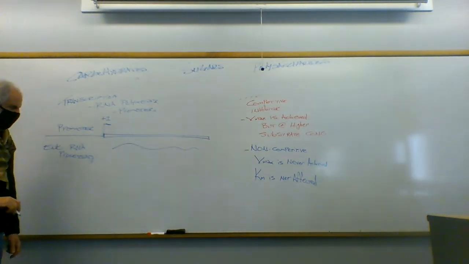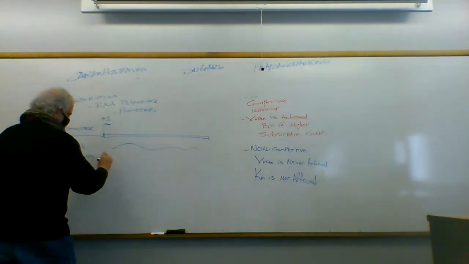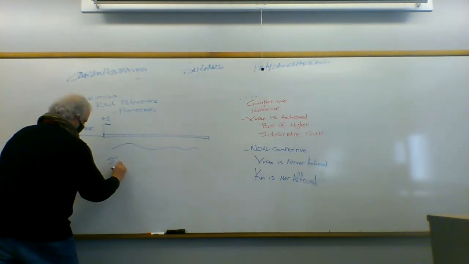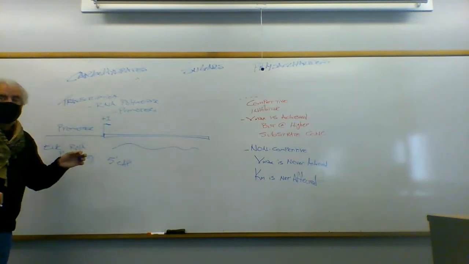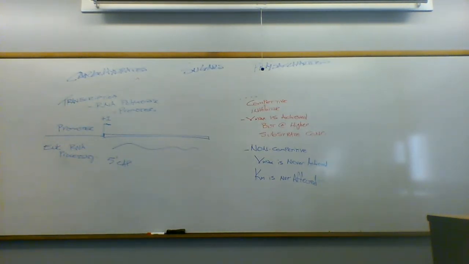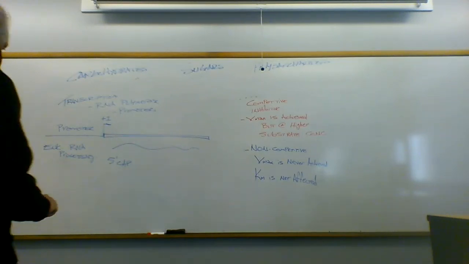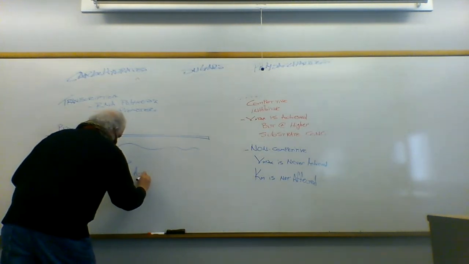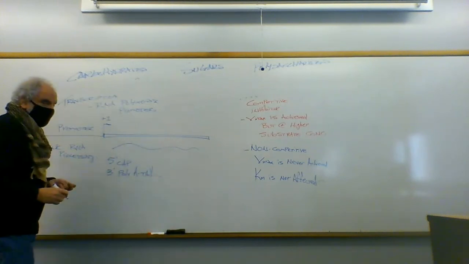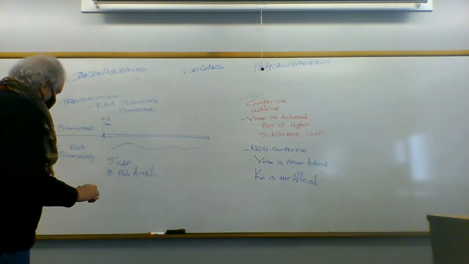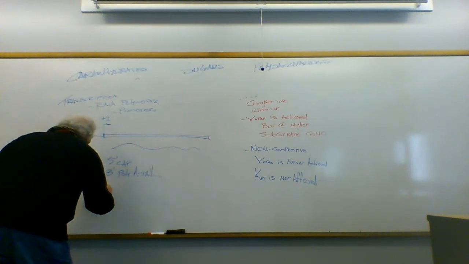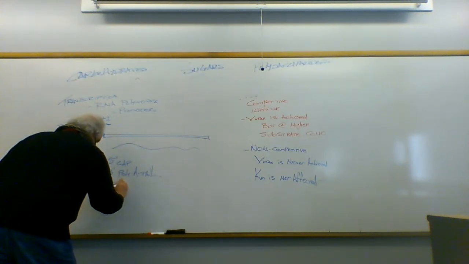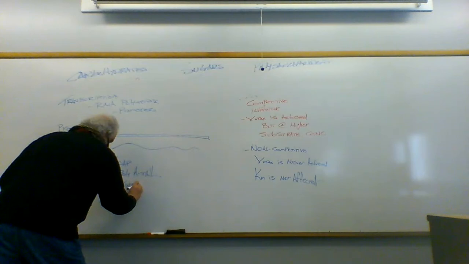And the list of RNA processing events is the addition to the 5' cap, which we know to be critical for protein translation initiation. We've got the 3' poly A tail, which is critical for RNA stability. And we have, most importantly, exon intron splicing.